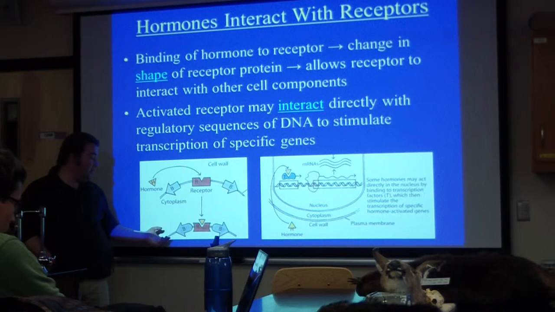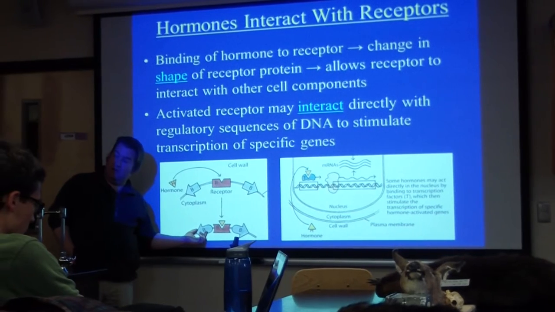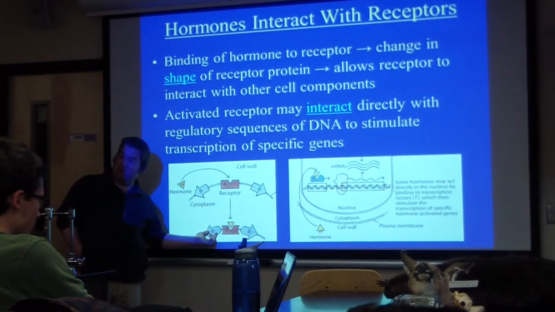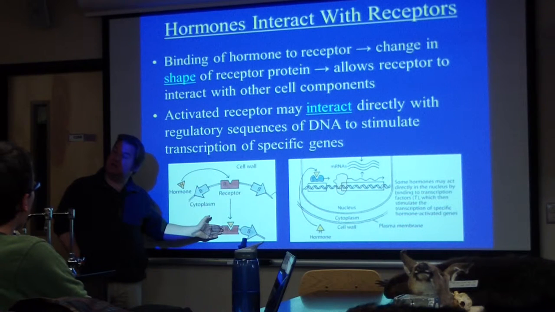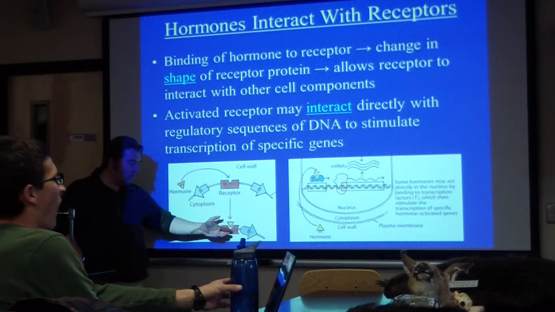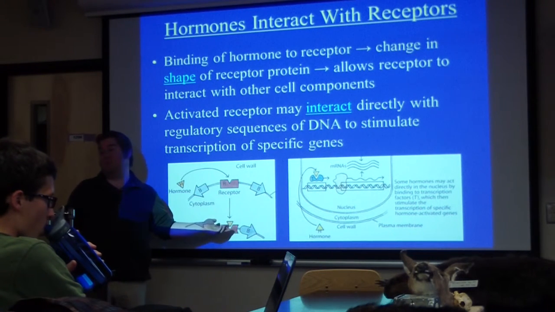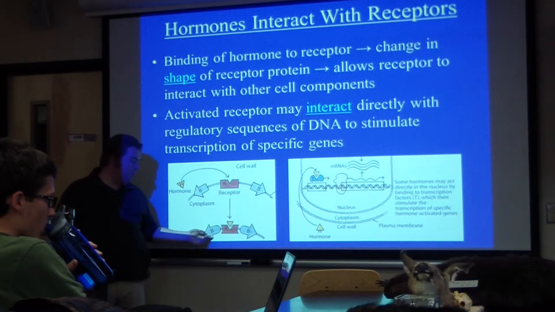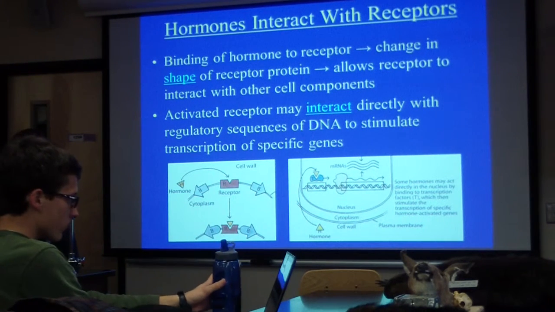But now all of a sudden, that receptor can interact with these other cellular elements, also bound to the membrane, because they now fit together like a hand in a glove or a lock and a key. So the hormone causes the receptor to change its conformation, we would say, to change its shape, which now allows it to interact with other cellular components.